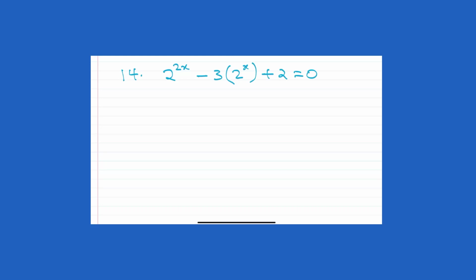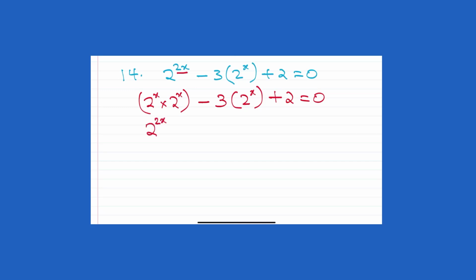How do we approach this? You can see 2 to the power of 2x here. So what we are saying is that we have x and then we have x, and then that is 2. And then we have minus 3 into 2 to the power of x plus 2 equals 0. As you can see from here, there's something that is common here.